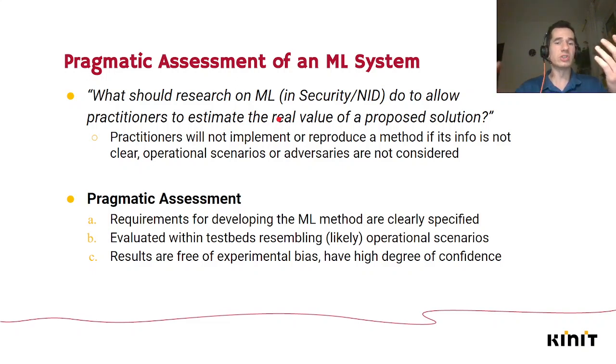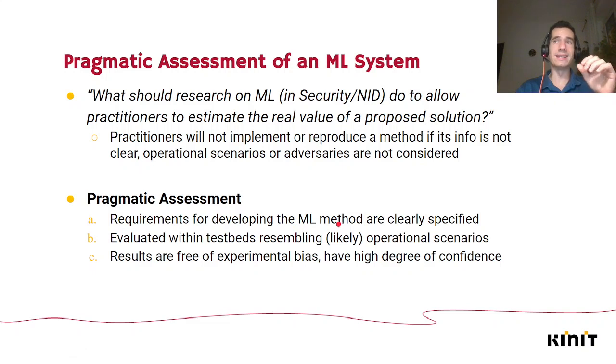Because practitioners wouldn't implement or reproduce the method if the value or the information is not clear within the paper. So we want to help them, and this is the practical assessment proposed by the authors, which focuses on requirements for developing the machine learning method.